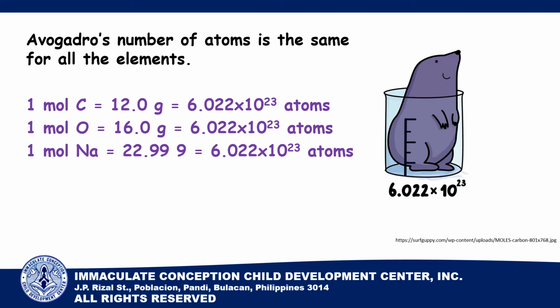Or 1 mole of sodium is equal to 22.99 grams, that is equal to 6.022 times 10 to the 23rd atoms. This means that 1 mole of any element is equal to 6.022 times 10 to the 23rd atoms.